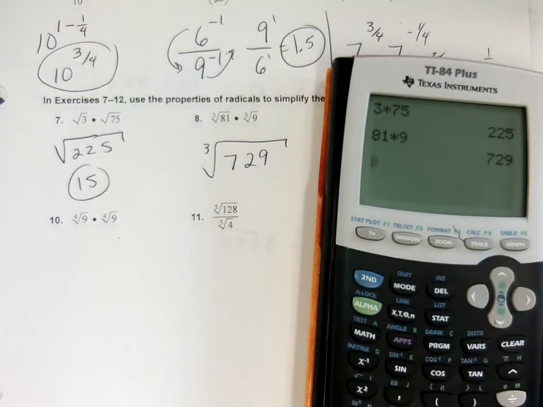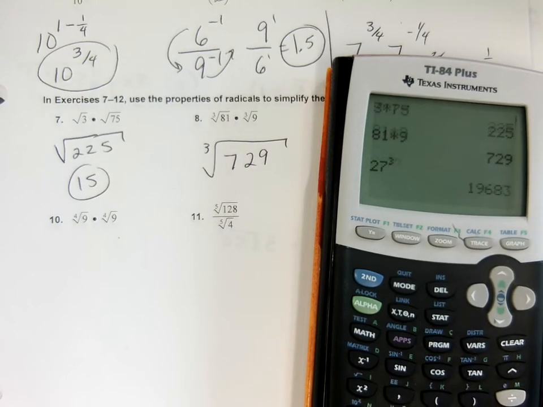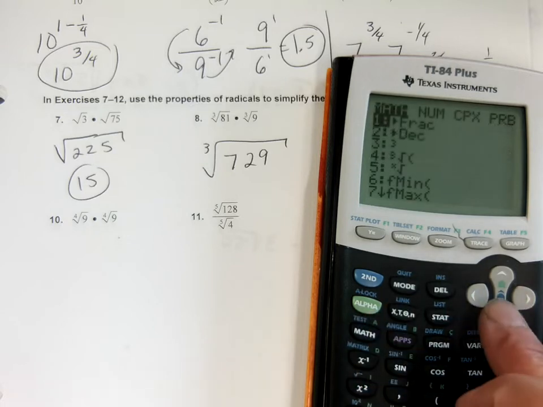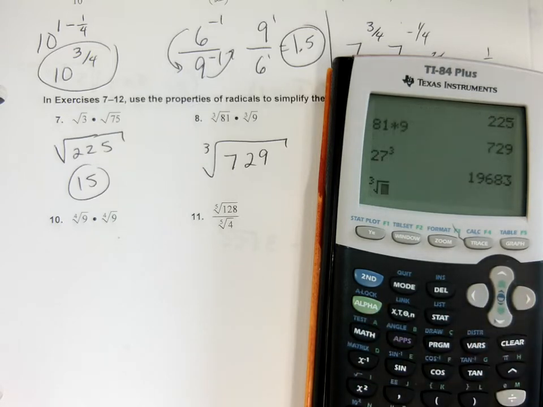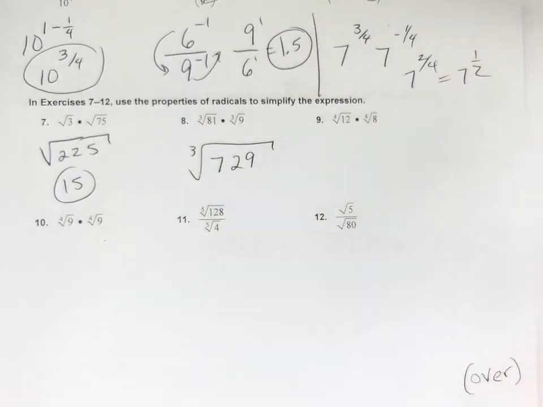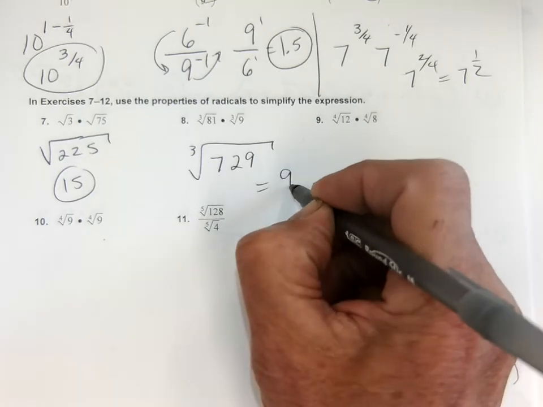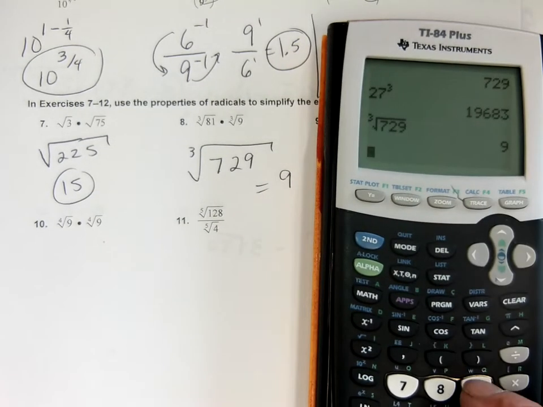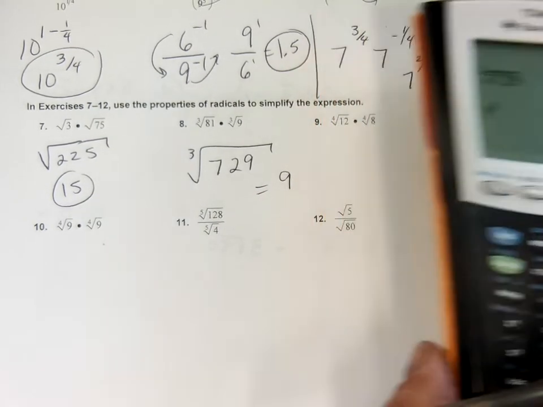We can check it. No, 27 is too big. Oh, I know what it is. It's 9. 9 times 9 times 9, or 9 to the third power, right?